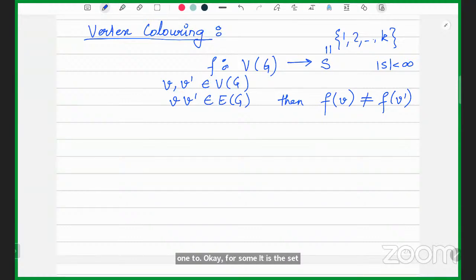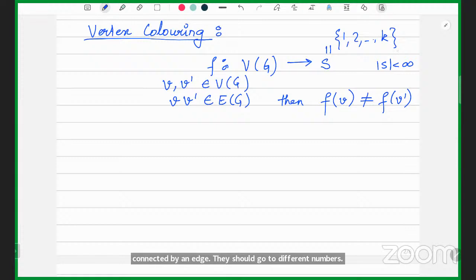With this notation, what we really are saying is that every vertex should be given some number, and two adjacent vertices, meaning vertices which are connected by an edge, they should go to different numbers.